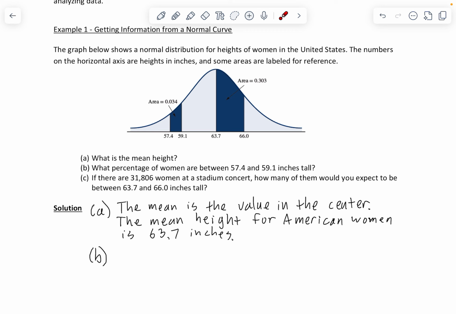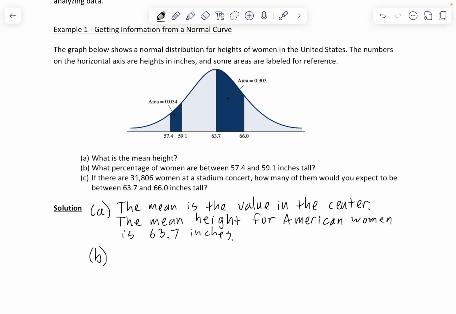To convert 0.034 to percent form, what we need to do is move the decimal place 2 points to the right and then put a percent sign after it. Basically, multiply it by 100%. And if we do that, we get 3.4%.